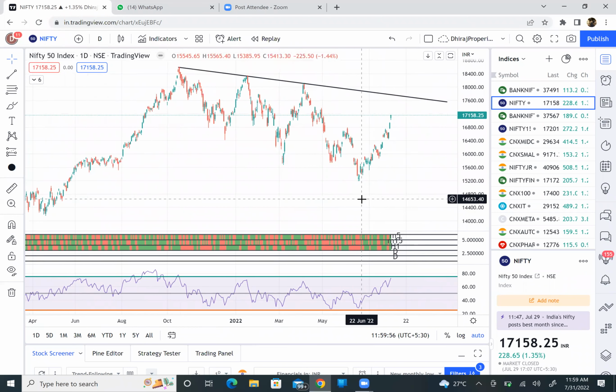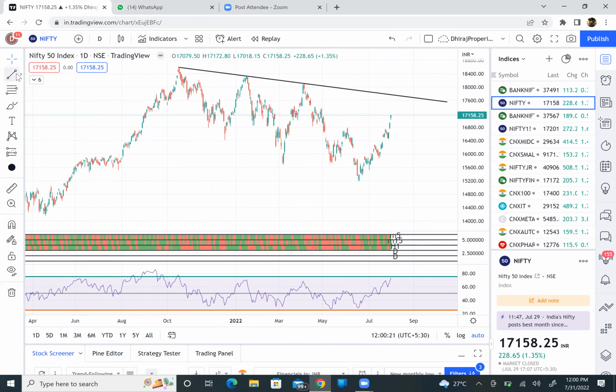Can you see this chart here? On a daily time frame, again, the trend is low. And it is almost at the same level we talked about, 17,750, where it can hit the resistance and may reverse from there. Whether it will or not, we don't know. Nifty has been forming a higher high, higher low structure.